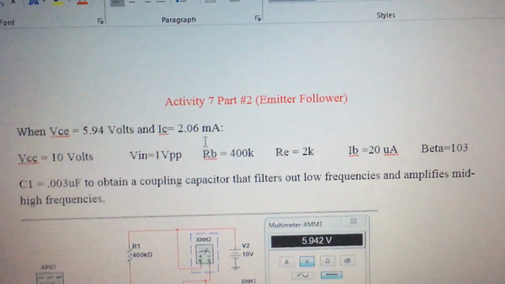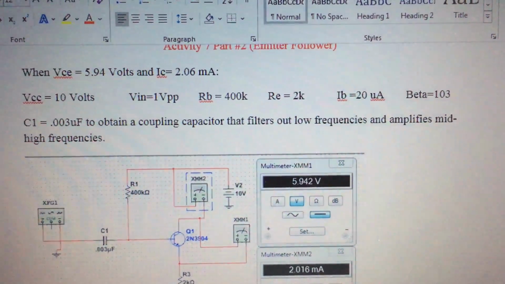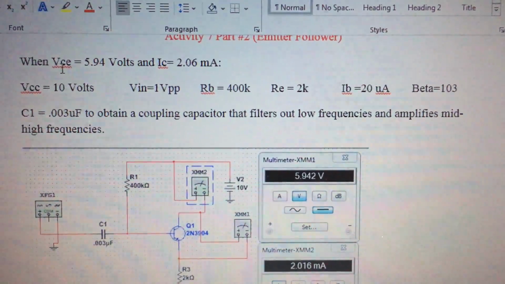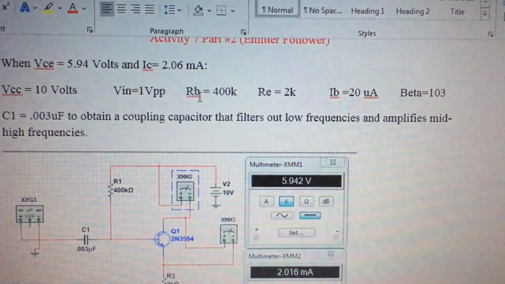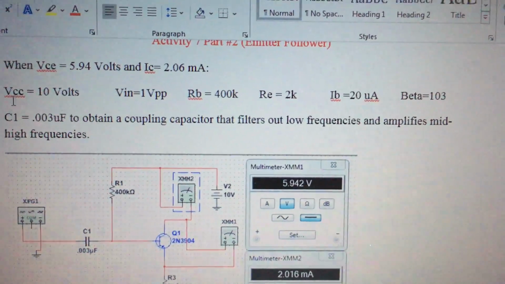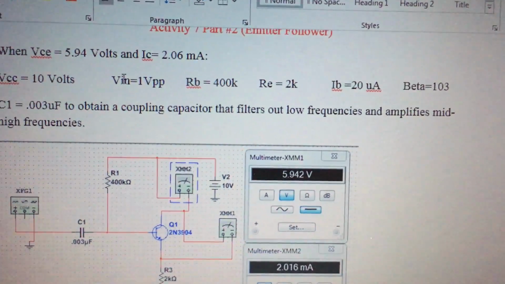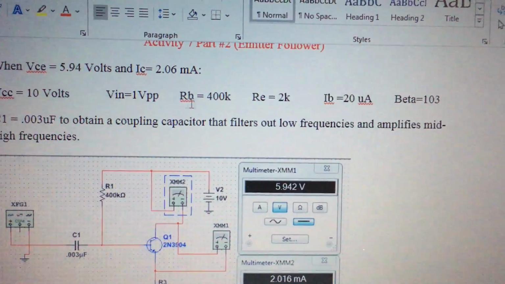Now for part 2, it's an emitter follower configuration for the transistor. The collector emitter junction is at 5.94 volts and the collector current is at 2.06 milliamps. The DC supply is once again 10 volts, but I had to lower the sine wave to 1 volt peak to peak.